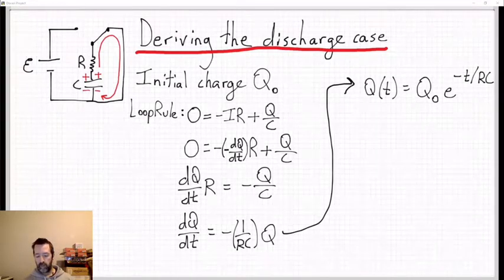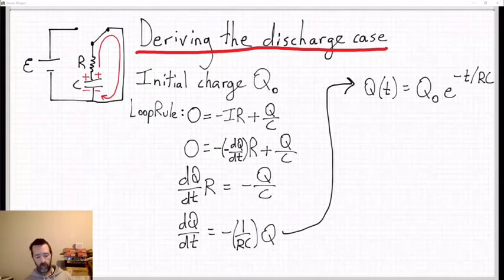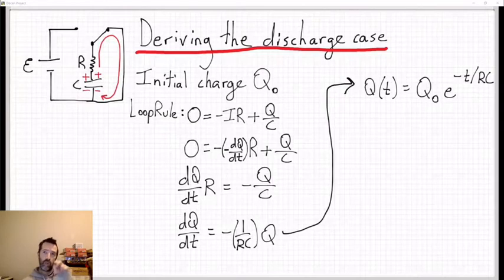The negative t over rc means that as t increases, the function itself decreases. As t goes to infinity, this function goes to 0 asymptotically. And the rc needs to be present in the exponent also, so that when you do your chain rule part, you get that constant, the 1 over rc, that was present in the differential equation.